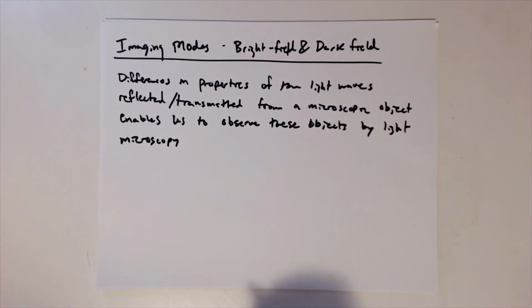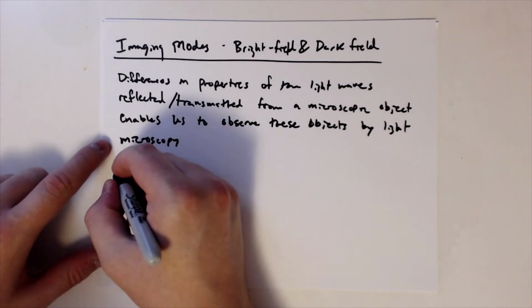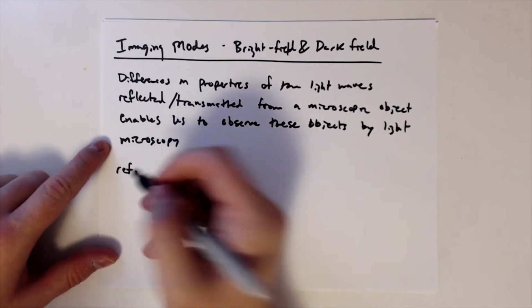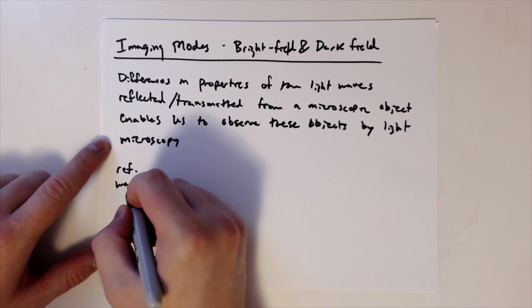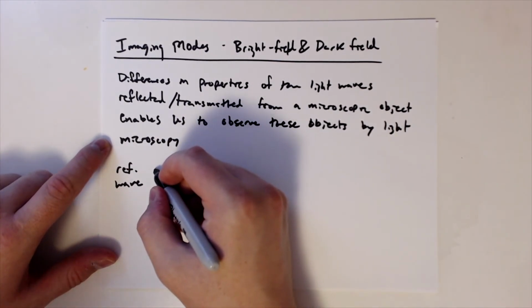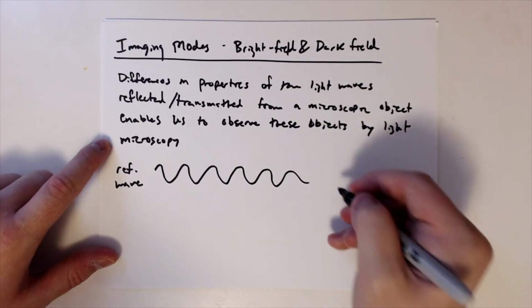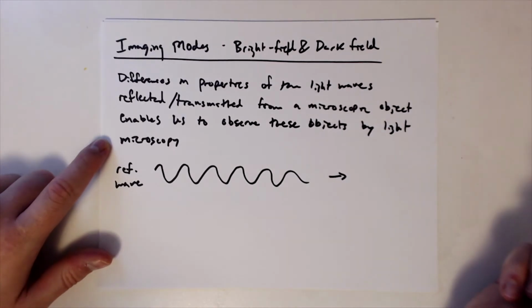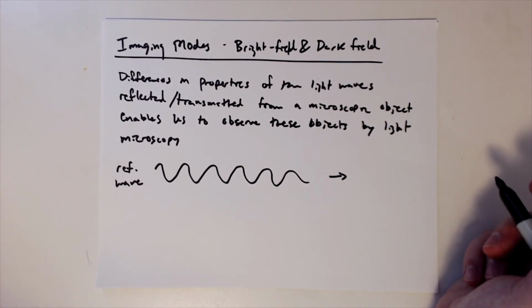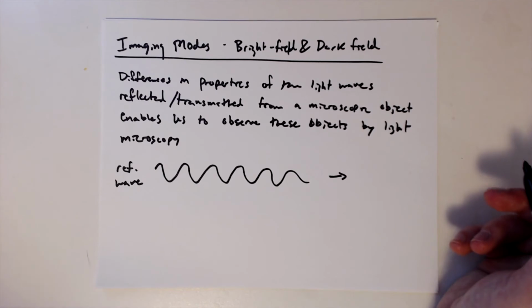So let's look at a couple of the ways that a light wave can interact with our object. If we have a reference wave, we're going to depict that as a simple sinusoidal wave, right? This is our reference wave, so this is what happens if no object is in its way.